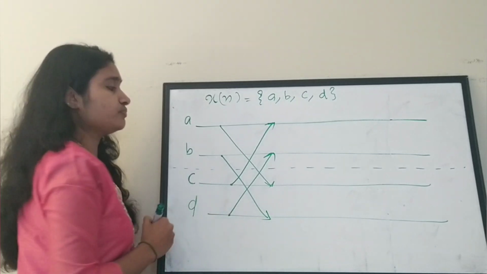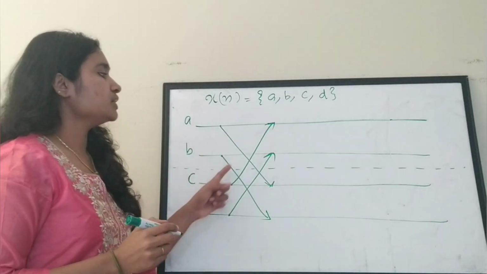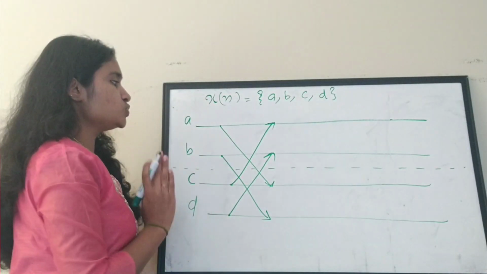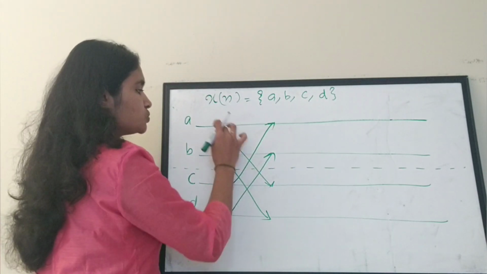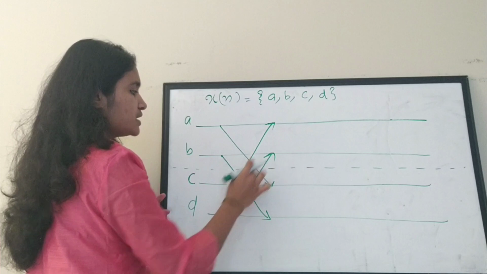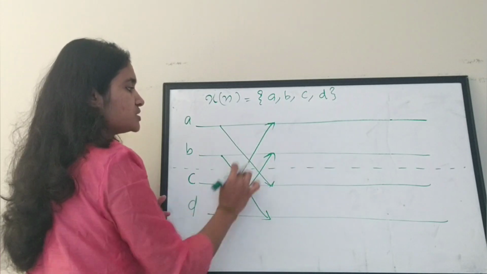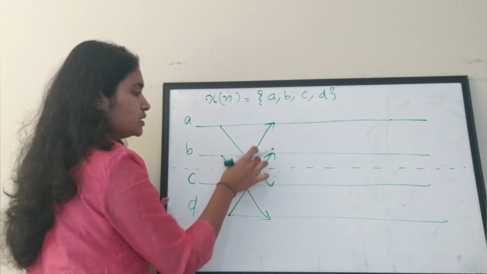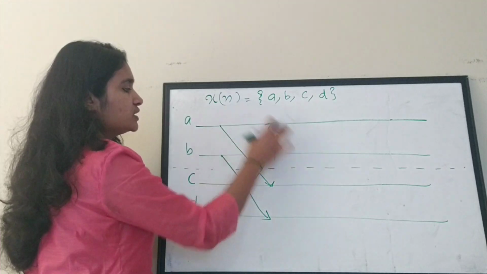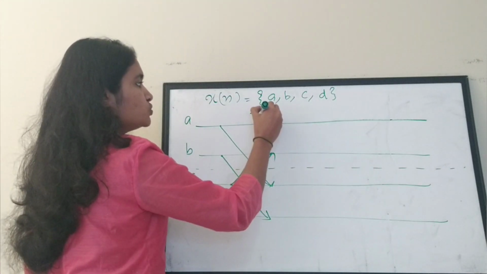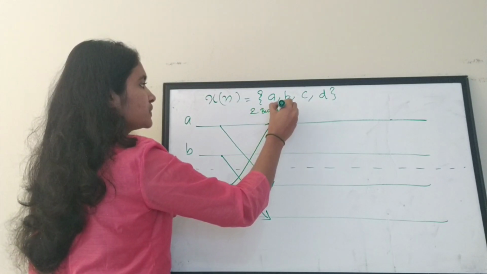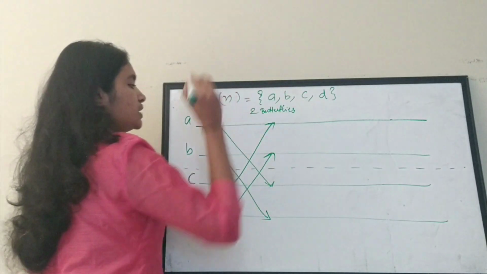Okay. So here there are total 2 butterflies, right? This one is one butterfly and this one is another butterfly. So there are 2 crosses, right? This one is one and this one is another one. So we consider that this consists of how many butterflies? There are 2 butterflies. Right.